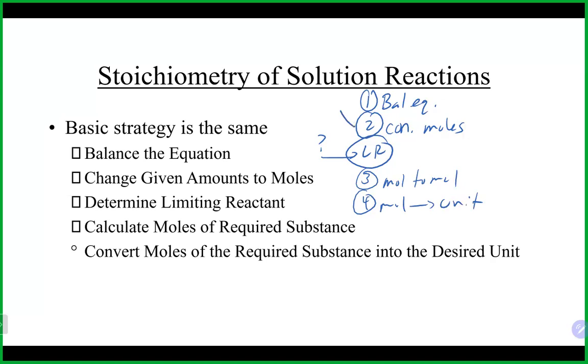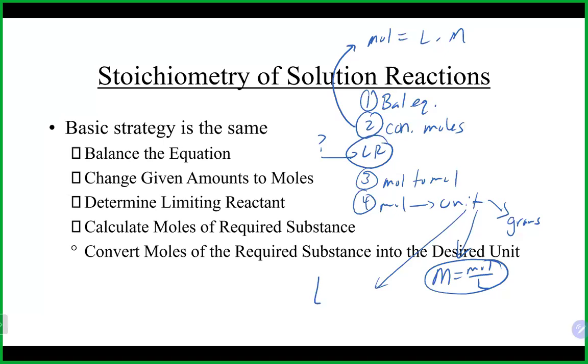So how does solution, molarity, and volume all play into that? Well, most of the time at step number 2, you would be solving for moles, which would be liters times my molarity, and that's a very, very common way to get to the moles. I would also say at the end of the calculation, there's 3 endings you usually could do. You could do grams like normal, which is molar mass. You can use molarity again, or very commonly we look for volume, which would be moles divided by the molarity.